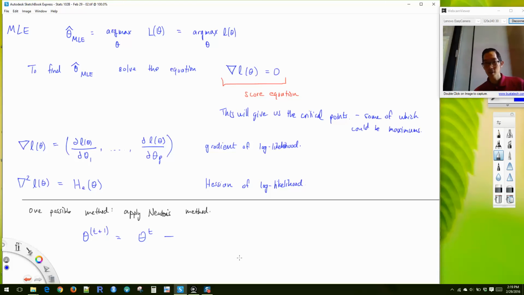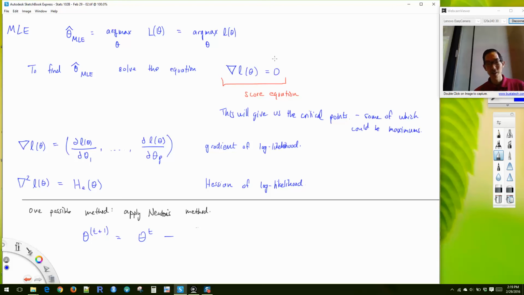For regular Newton's method to find the zeros of a regular function, you take the current estimate and subtract off f of the estimate divided by f prime, the first derivative of that.